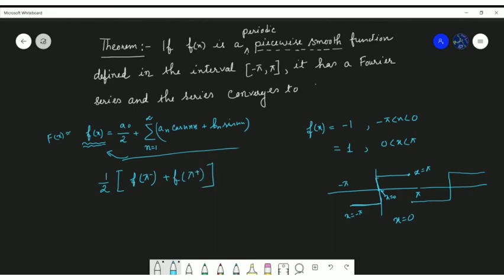Here it is a point of discontinuity. If you approach this point from the negative direction, this is the value of that limit, and if we approach this point from this direction, this is the value.